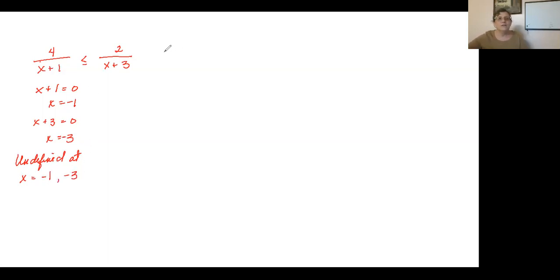Now make it an equation. 4 over x plus 1 is equal to 2 over x plus 3. Common denominator, our least common denominator, is going to be x plus 1 times x plus 3. So I want to multiply both of these by x plus 1 and x plus 3.